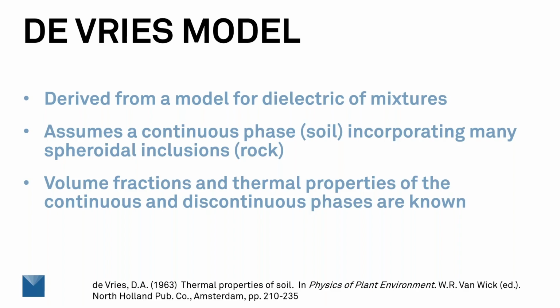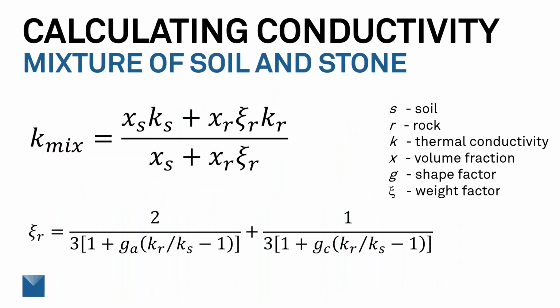In order to do the calculation, we'll need to know the thermal properties of the soil, the rocks, and their volume fractions. Now here is the de Vries model. You can see in the top equation that the conductivity of the mixture is just a weighted sum of the conductivities of the two components in the mixture, the soil and the rock.